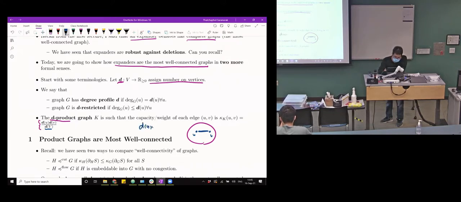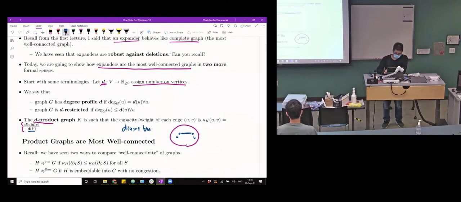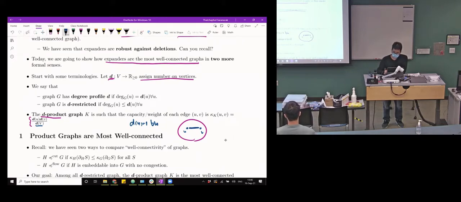Just for your intuition, suppose that D is 1 for all u. Then what is the product graph? This is not a trick question. It's an unweighted graph, scaled down.